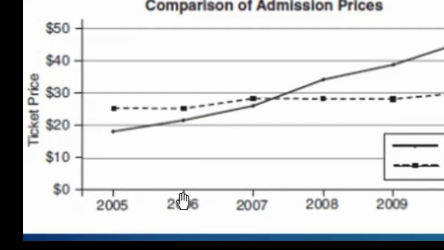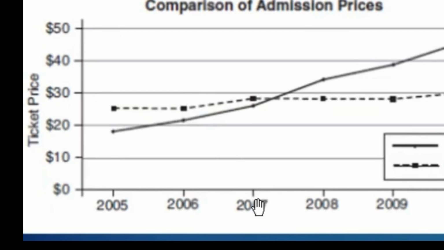Then in 2006, if we follow this point on our x-axis to the corresponding point on the Park A line graph, and then we follow that point to the y-axis, we can see that maybe that's around 22. So we know that our price has gone from $18 in 2005 to around $22 in 2006.